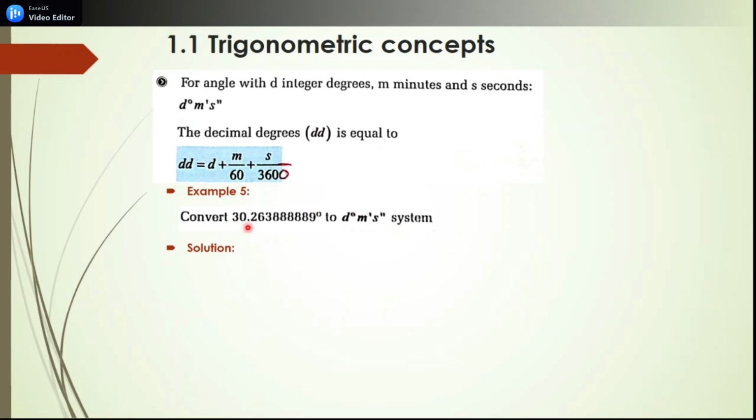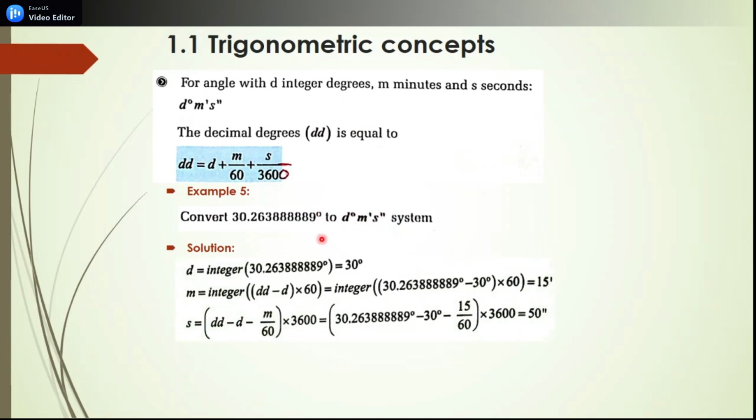Example, we can convert 30.26388889 degrees to the degree, minutes and seconds system.